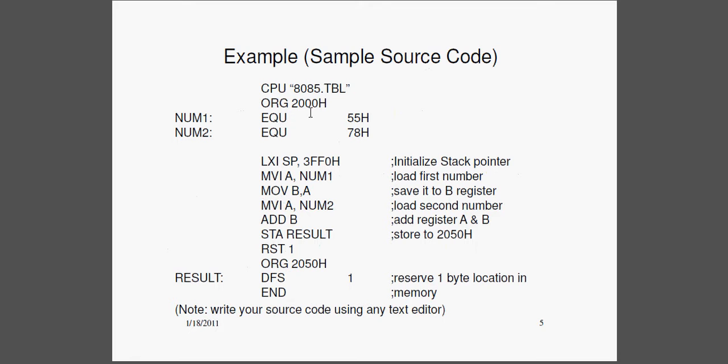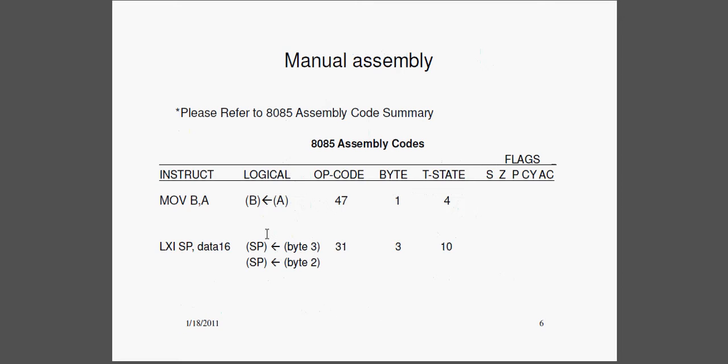For example, here is the label, and here is where you equate or assign num1 equal to 55 hexa and num2 equal to 78 hexa, and this is just the adding process, just to show you how we can use all the features that we have discussed before.